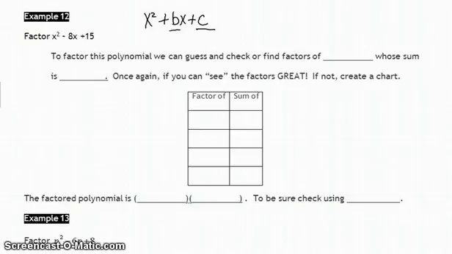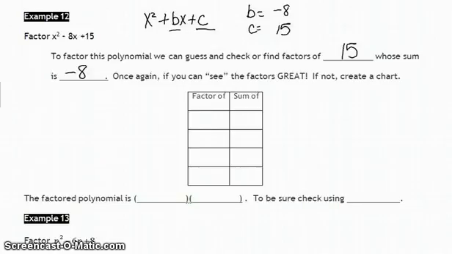So what two numbers are b and c? b equals, c equals. So b is negative 8 and c is 15. So I need to find two numbers that multiply to a positive 15 but add to a negative 8.